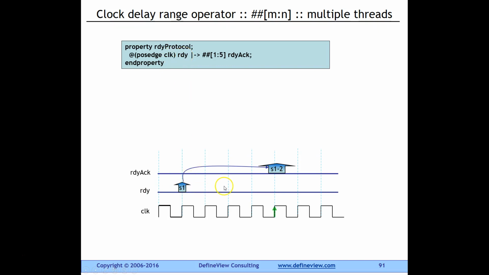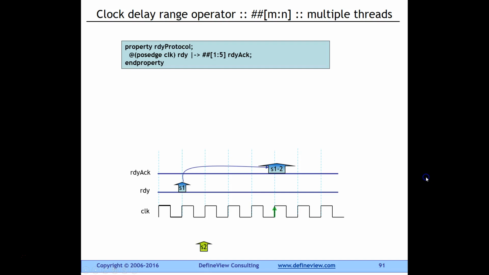Then 1, 2, 3, and 4 clocks later, ready X arrives. And you will see the reason why I call it S1-2 in just a second. But 4 clocks later, ready X arrives, as you can see here. And since it was supposed to arrive within 1 to 5 clocks, the requirement is met and the property passes.